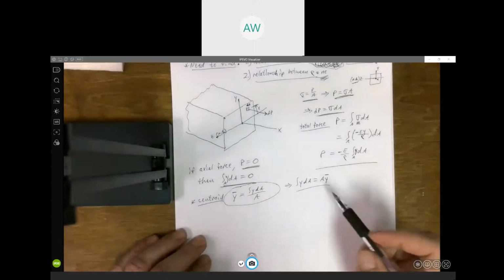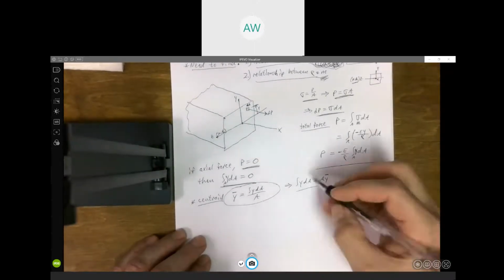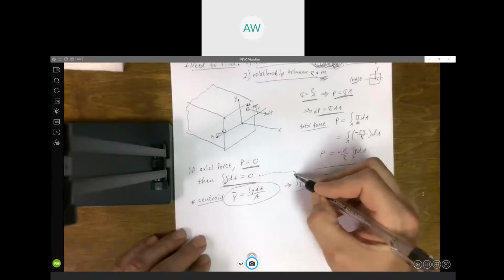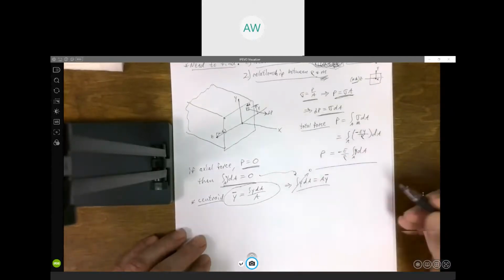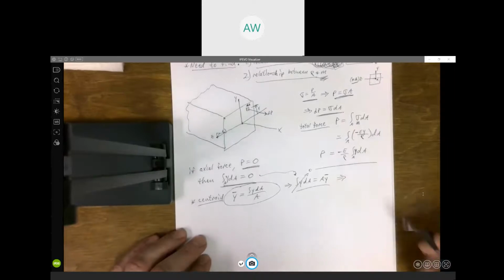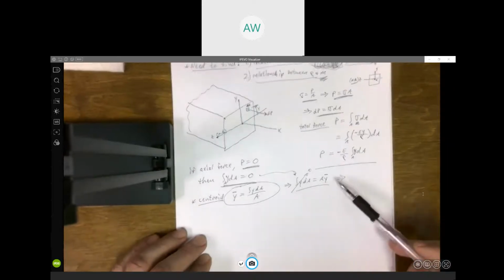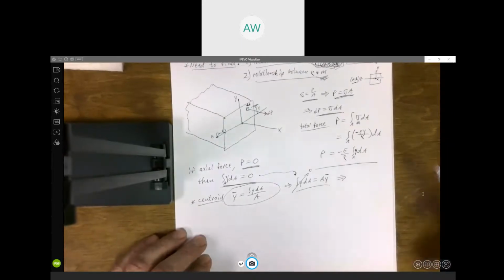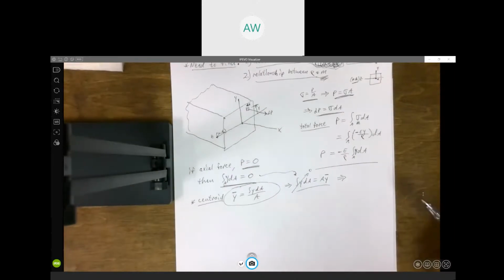But I just said this integral is 0. So either A is 0 or y bar is 0. If A is 0, we don't have a beam, we have no cross section.